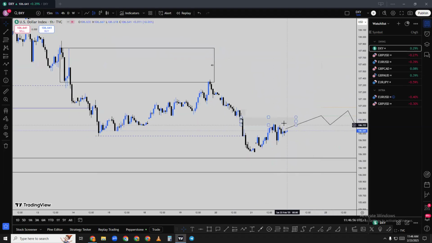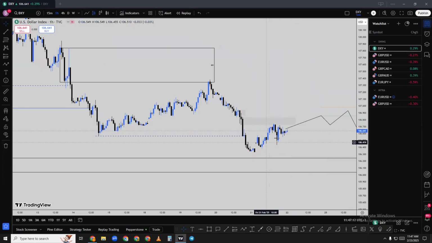So from here, from this zone we may get those supply moves, those bearish moves kicking in.